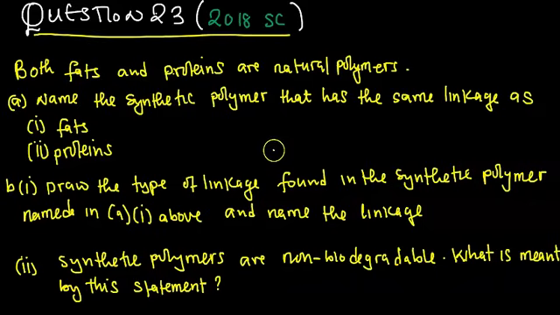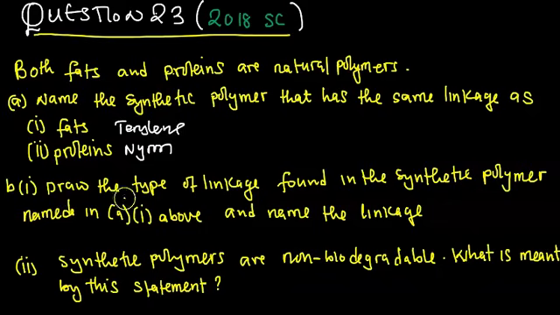Name the synthetic polymers that have the linkage as that of fats and of course protein. So for this one it is terylene. Then this one is nylon.